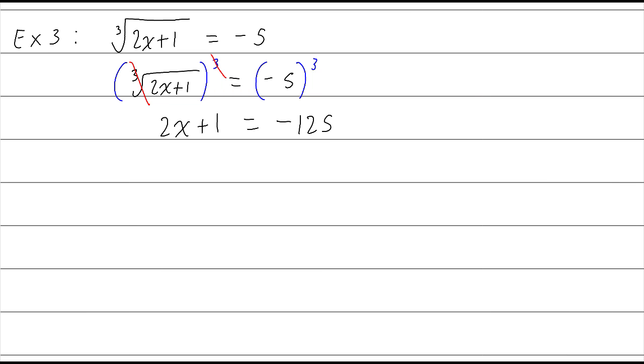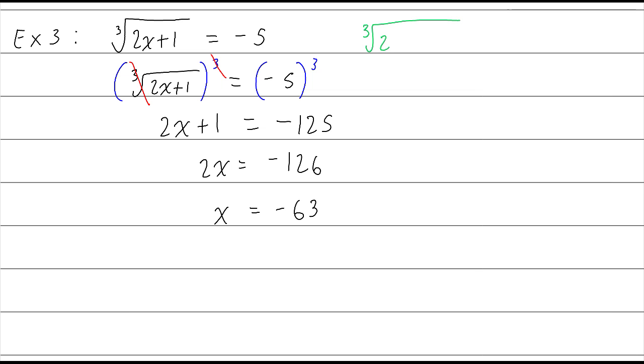Now we're at a simple equation: 2x plus 1 equals negative 125. We'll subtract 1 from both sides. So 2x is equal to negative 126, and then we'll divide both sides by 2 and get negative 63. Let's test it out.